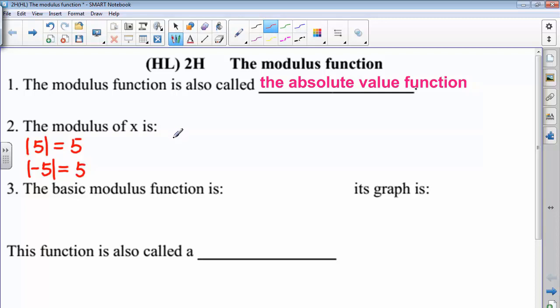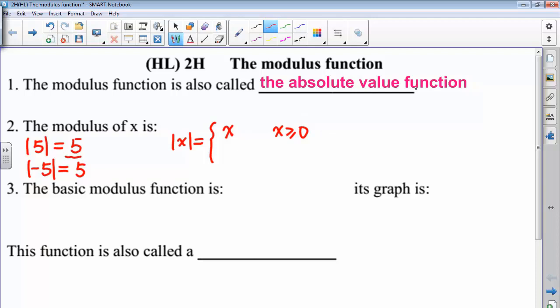So the modulus of x is x if the x value is positive or 0, like this number 5 here.